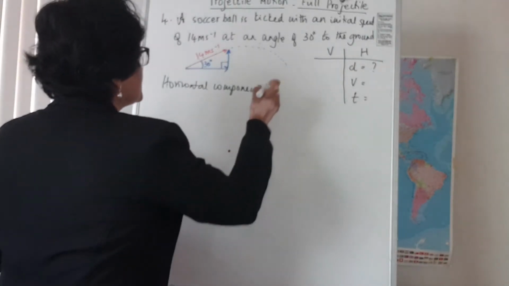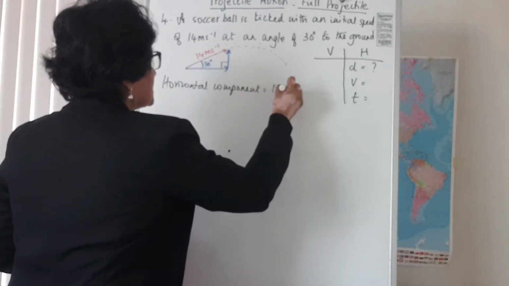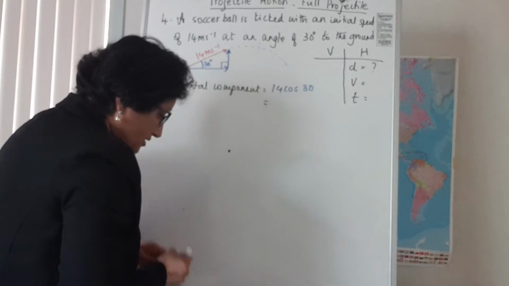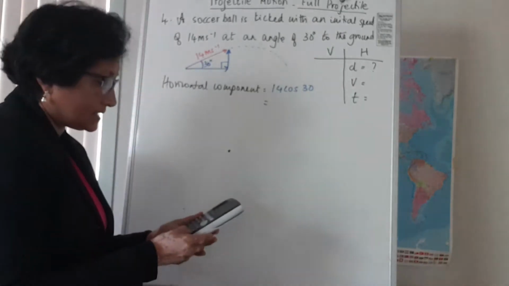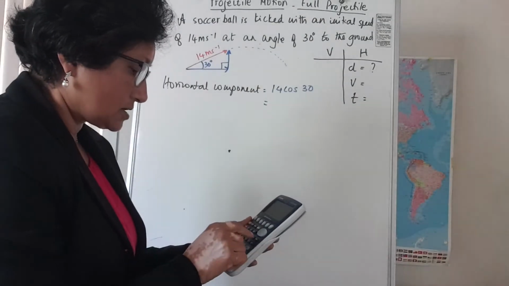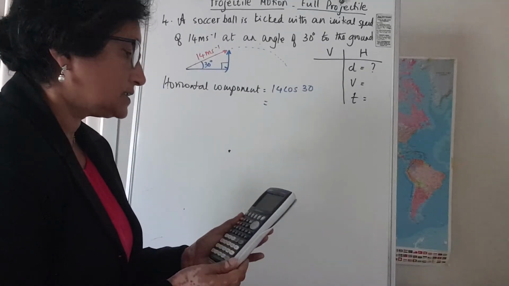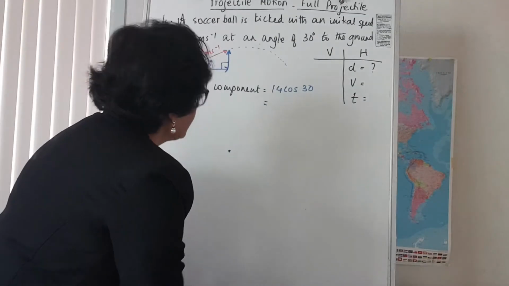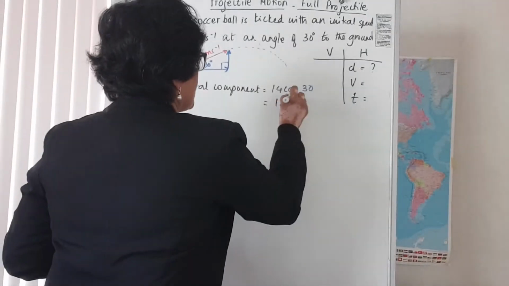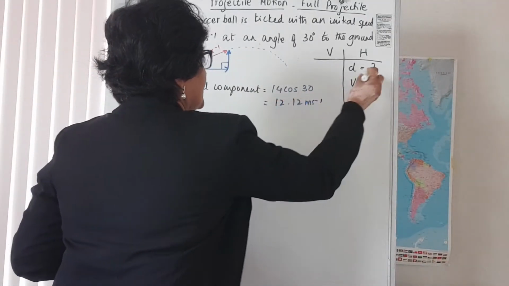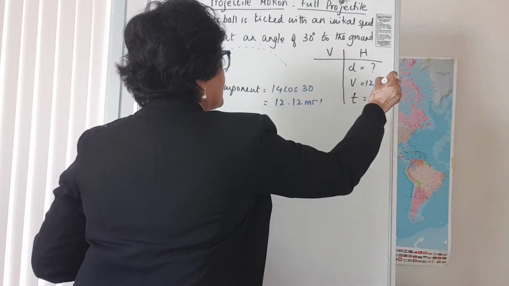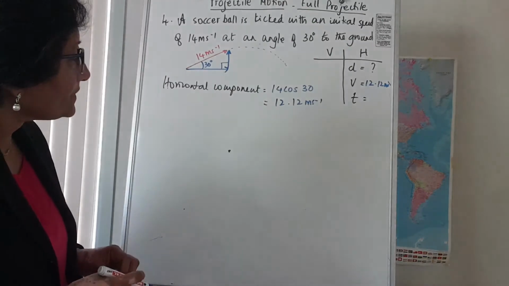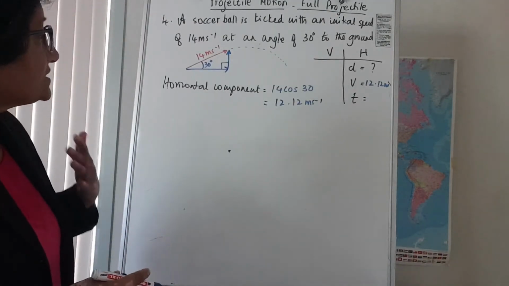So we are going to use 14 cos 30 and put it into our calculators. 14 cos 30 is 12.12 meters per second. I'm just going to write it here, because I might have to rub the board a bit later. Okay, so we at least got one thing.